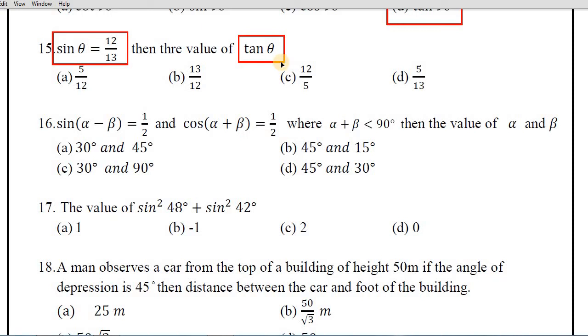Perpendicular is given, hypotenuse is given, find the base. Okay, base you will get 5. So tan ratio is perpendicular divided by base, that is opposite side by adjacent. Hence for this the right answer is 12 by 5. Option C is the correct answer.